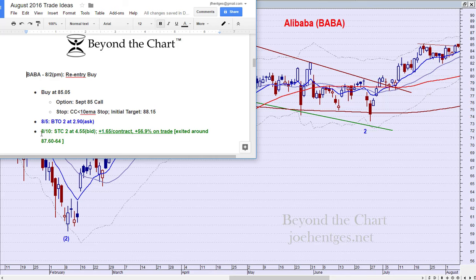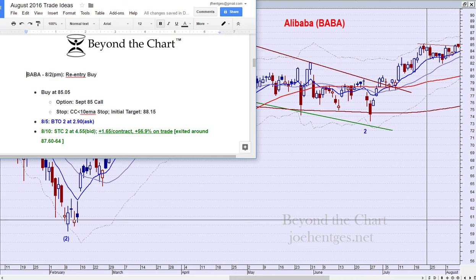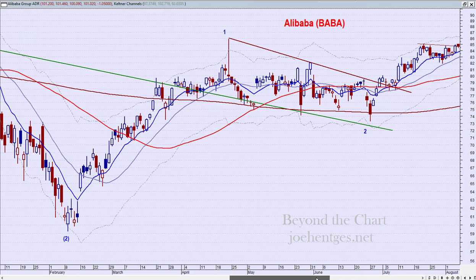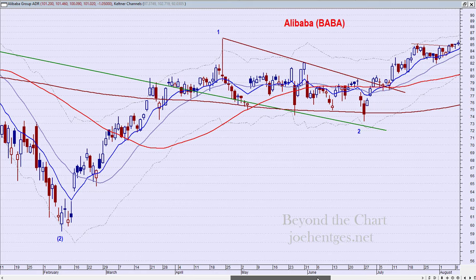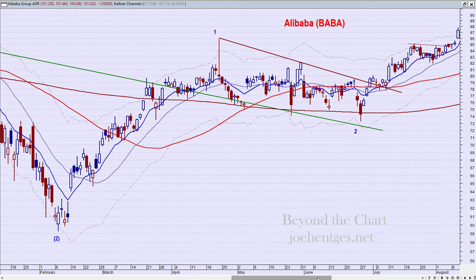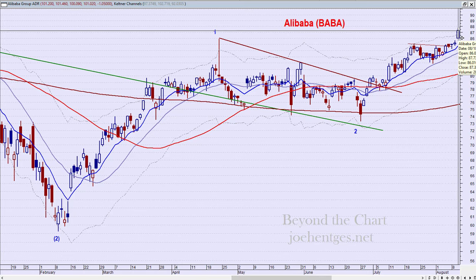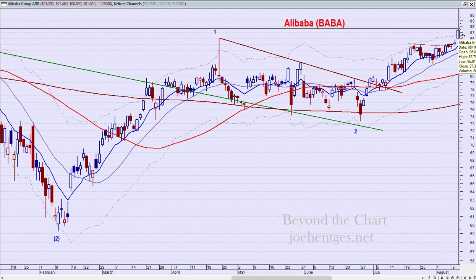Now on the 10th, what happens? The next day, this is the 5th, and here's what happens on the next day. Not much movement, then a little bit more in the positive direction, and all of a sudden, boom, we're up here. We're at the top of the calendar channels. We're very close to the target.